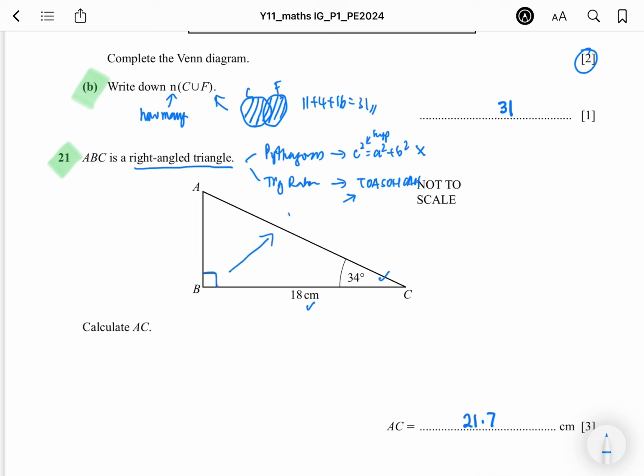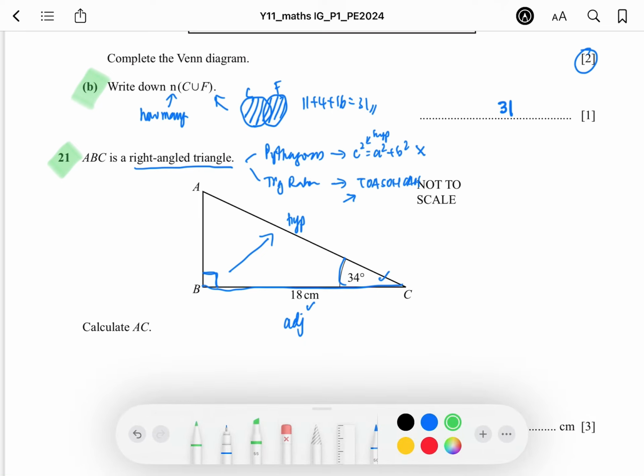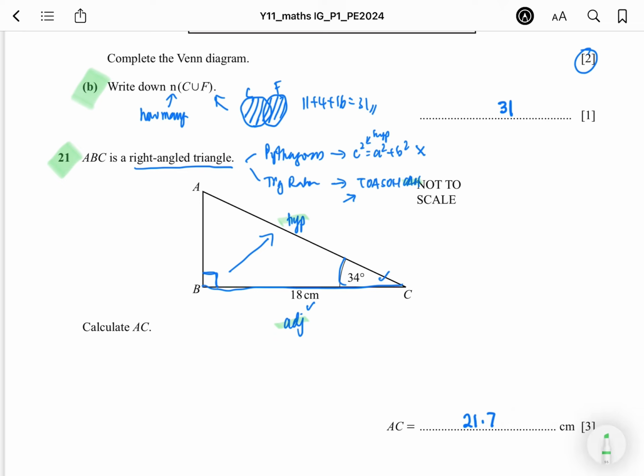Opposite the 90 degrees, that would be the hypotenuse side. And then the side where both angles are, this one would be the adjacent side. So we have A and H. So A and H is cosine.